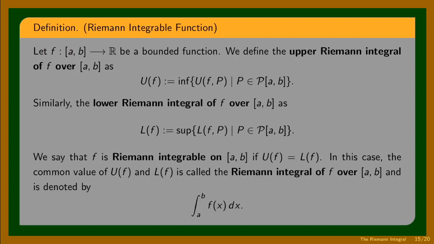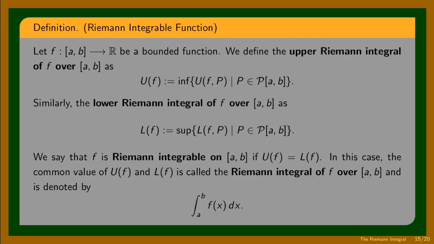So if you have a bounded function f, meron tayong bagong term, the upper integral or the upper Riemann integral of f from a to b is defined as the infimum of all the upper sums with respect to any partition.